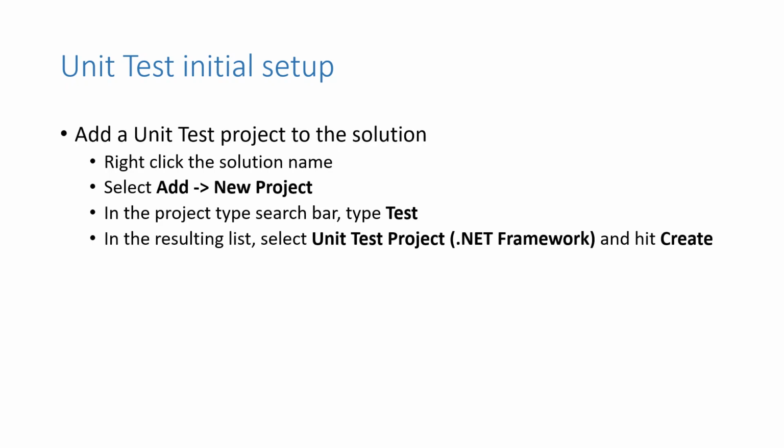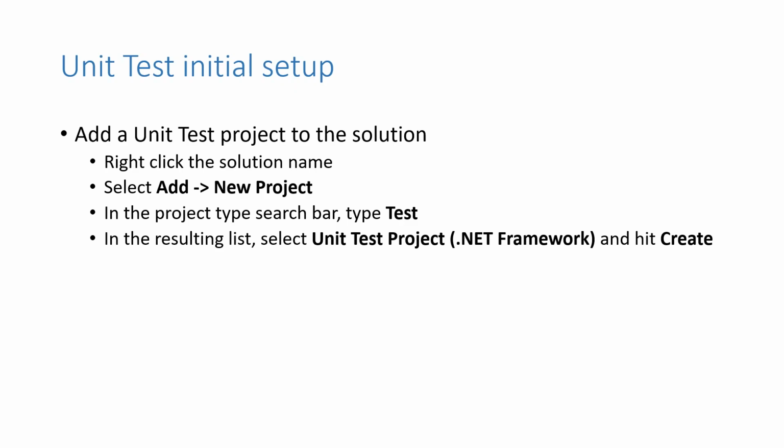Okay, so now we've got the software under test ready to go. Now we're going to initialize the unit test. So here's how that works. The first thing we're going to do is add a unit test project to the solution. So far in our experience with Visual Studio, we've always only had one project per solution, and it's always been a console app.